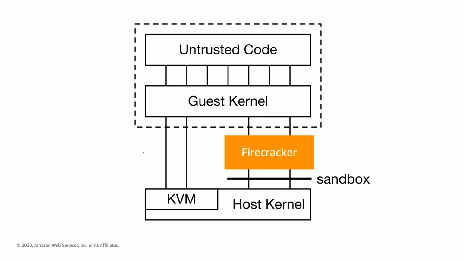Firecracker sits next to KVM, running on top of the host kernel. Firstly, it does setup of KVM. It talks to the kernel and says, set up this VM for me, and does the I/O virtualization. So it handles block I/O and networking and so on.